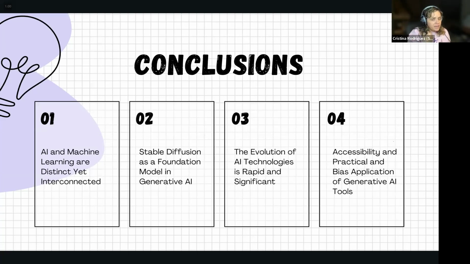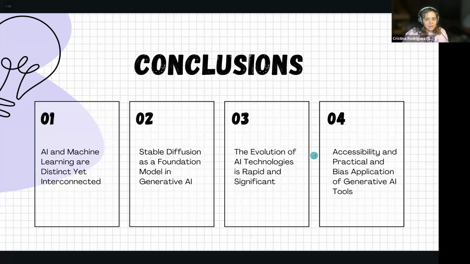The evolution of AI technologies is rapid and significant in the last 10 years of computer science history, but we need to talk about accessibility and best practice, because even if this one is open source, it's not completely free. I showed you that I paid $9 for the GPUs. You cannot use it on a regular laptop in your house.